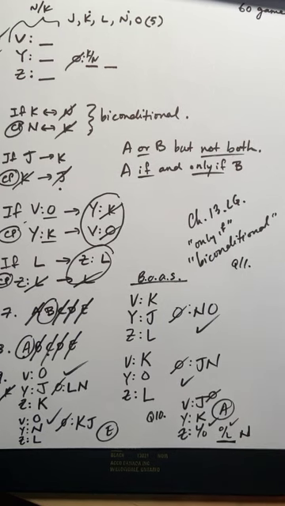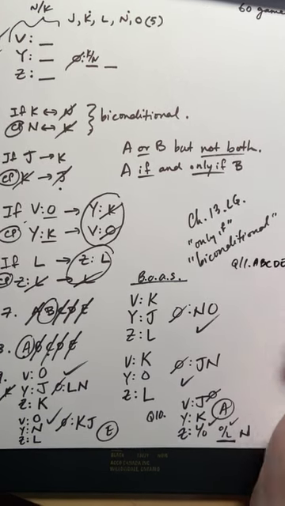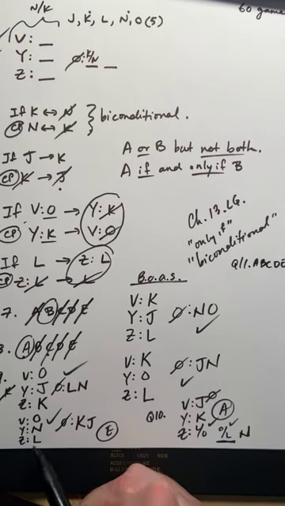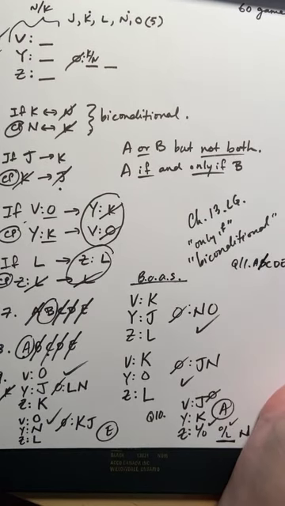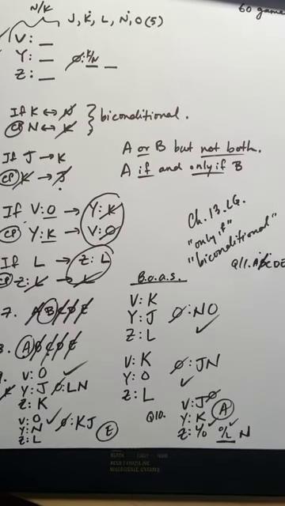Can J be assigned to Zambia? We don't have an example of that, so maybe that's our answer here. K assigned to Zambia, we do have an example of that, so we can eliminate B. N to Zambia, don't have an example of that, so we're gonna have to test that one too.